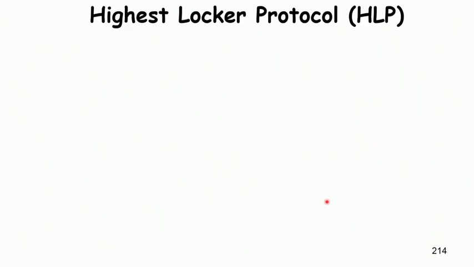This is a major problem with the highest locker protocol, and in today's lecture, we will quickly complete our discussion on the highest locker protocol, and we will discuss the priority ceiling protocol.